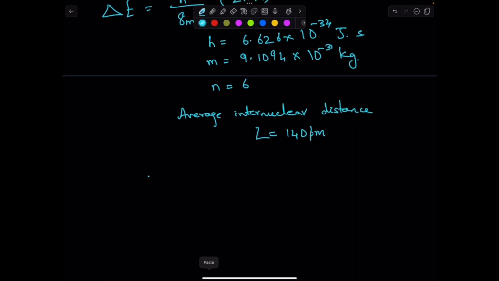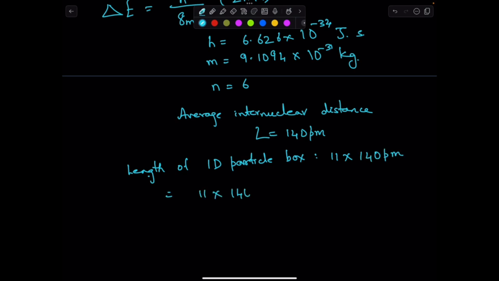The length of the one-dimensional particle box would be 11 times 140 picometers, which is 11 times 140 times 10 to the negative 12 meters, because 1 picometer is 10 to the negative 12 meters.